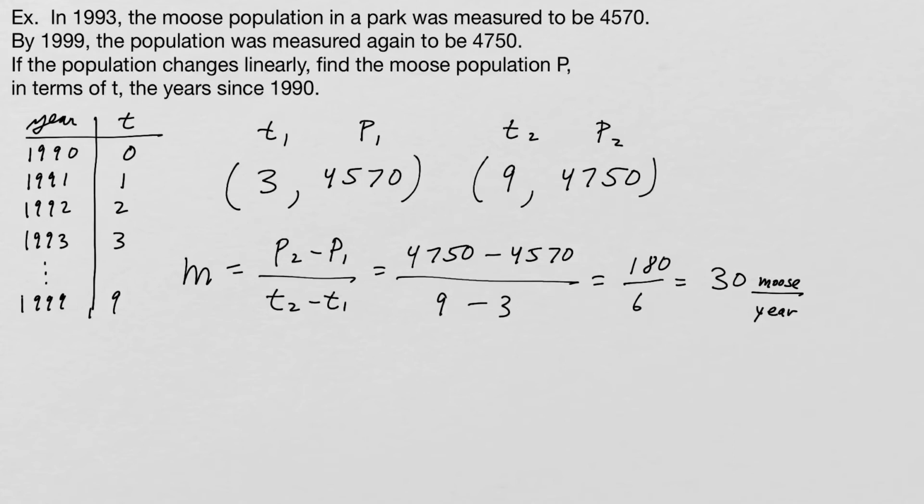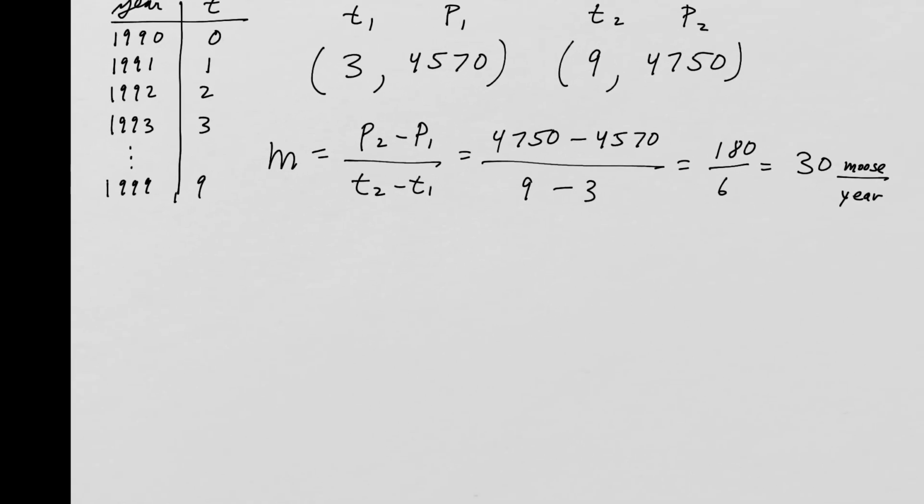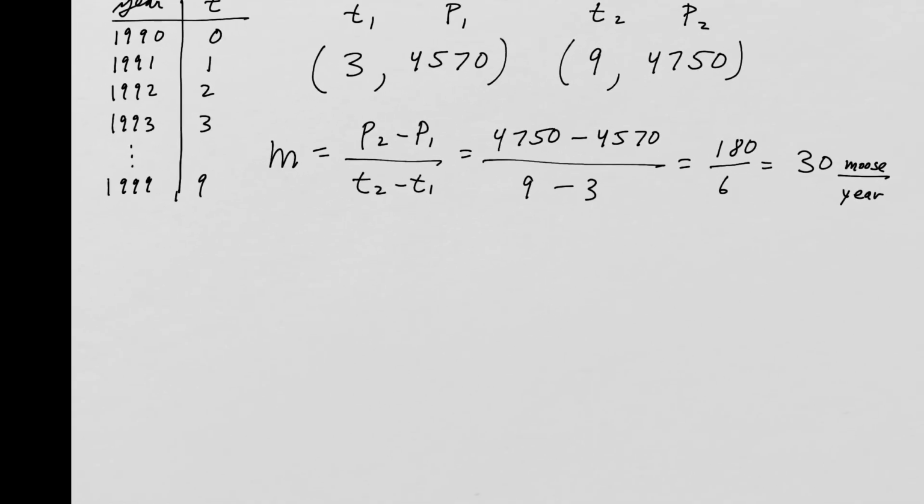Okay, so now I can figure out my equation. I guess just for variety, I'll use the point slope form. So remember, that's y minus y1 equals m times x minus x1. Except in this example, we're calling y P for population, and the x is T for time.